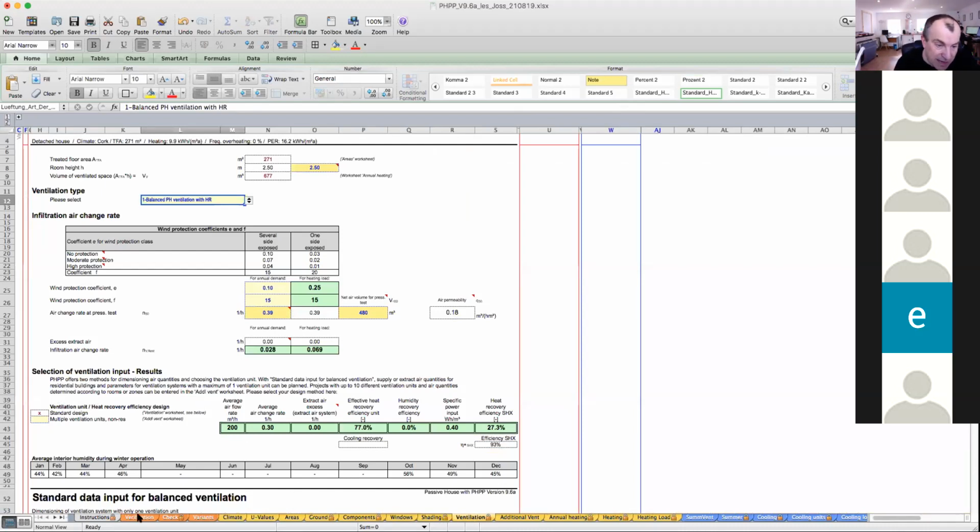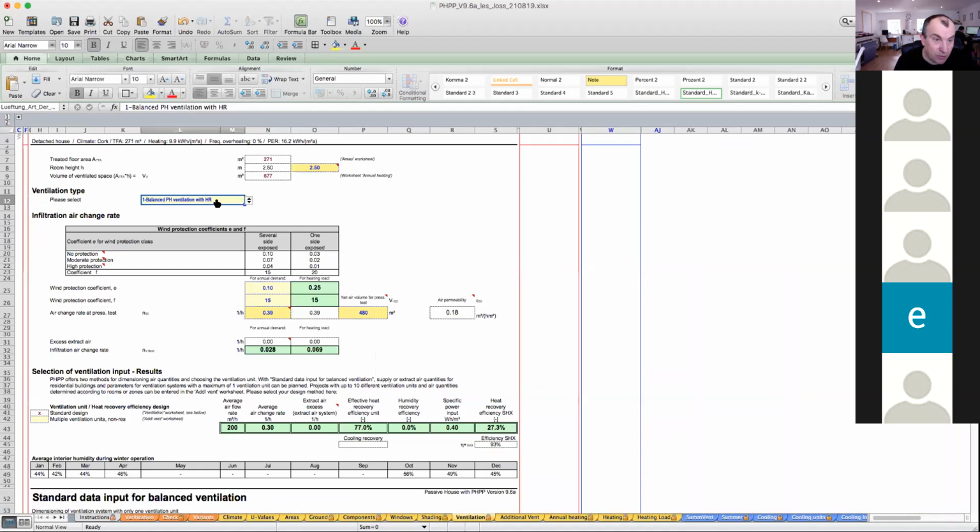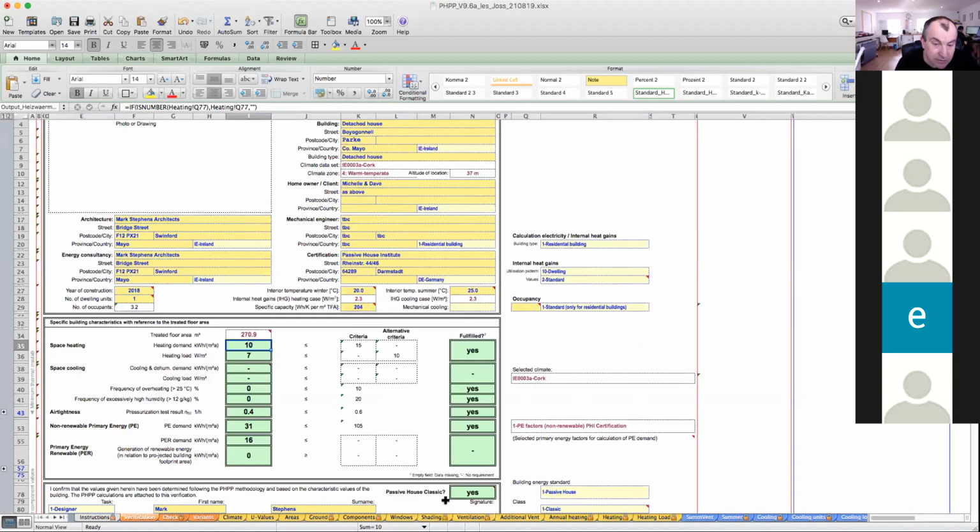So if we go back to the verification, I'm changing actually a couple of things in it. I only changed the location of the wall. It's dropped now down to 10 kilowatt hours per meter squared per annum. So with this system, if we put in an MHVR system here, it drops to 10 here.